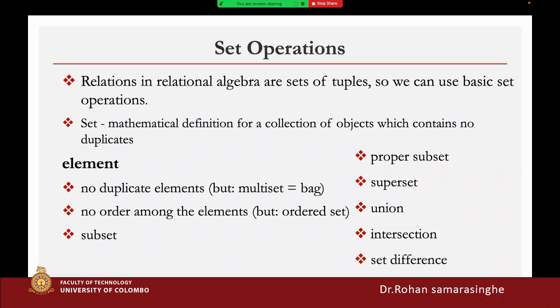A relation in relational algebra being a set of tuples means that when you create the schema and fill the data for this schema, one row is called a tuple. Then you get the set of tuples in a relational table. So we can use basic set operations for that.